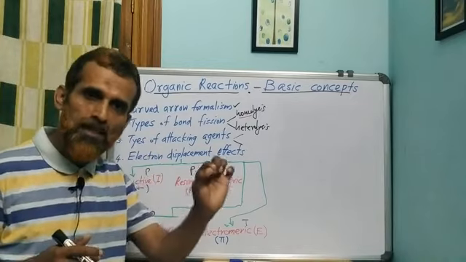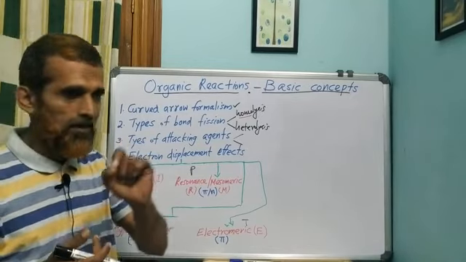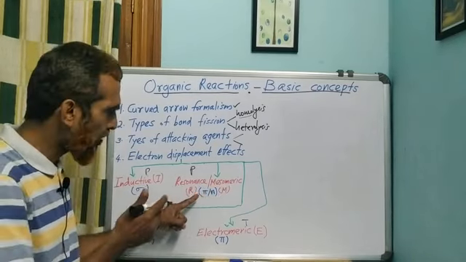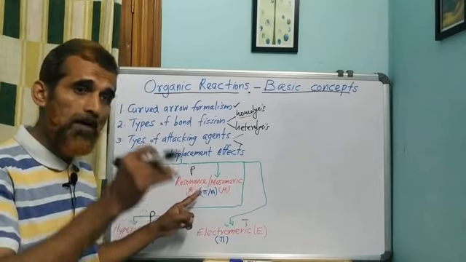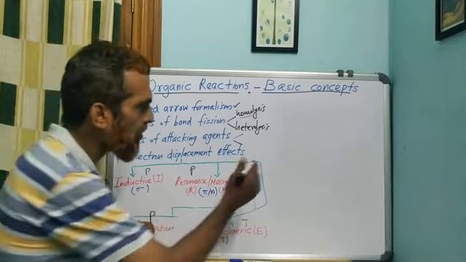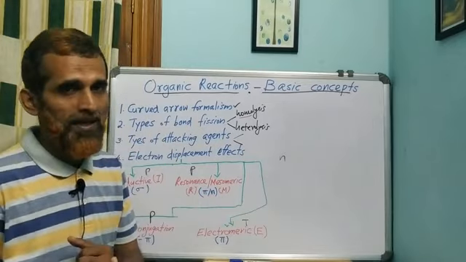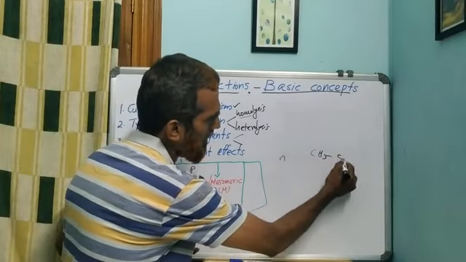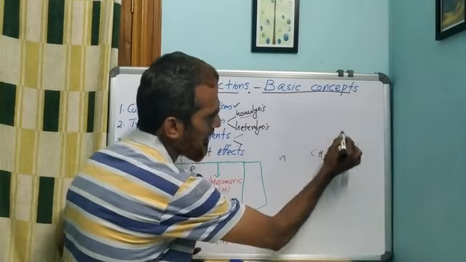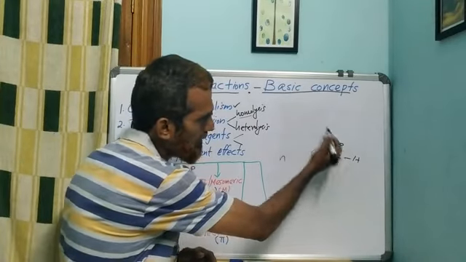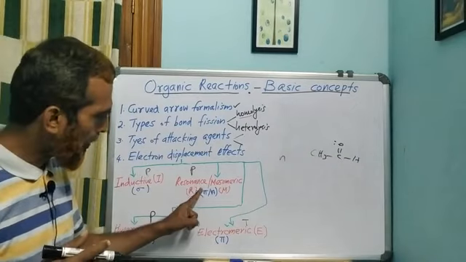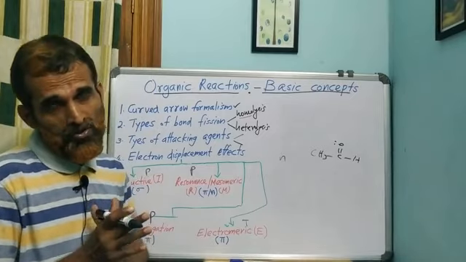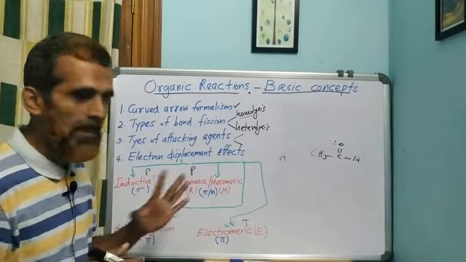The electrons in the sigma bond are what move. But the resonance or mesomeric effect is the movement of pi electrons, which is supported by n electrons also. What is an n electron? An n electron means the lone pairs, non-bonding electrons. In the molecules we usually see, these are the bond pairs, this is the lone pair. That is also called n electrons. So pi electrons are basically what is involved in resonance. Resonance exists only if there is a pi bond. But it is facilitated by n electrons also.